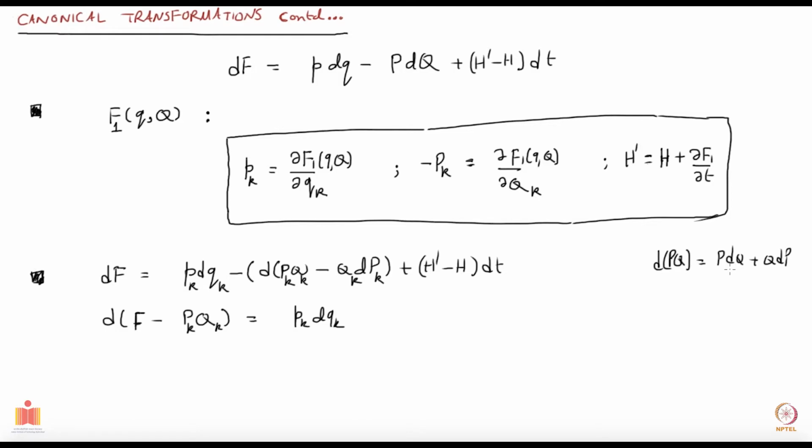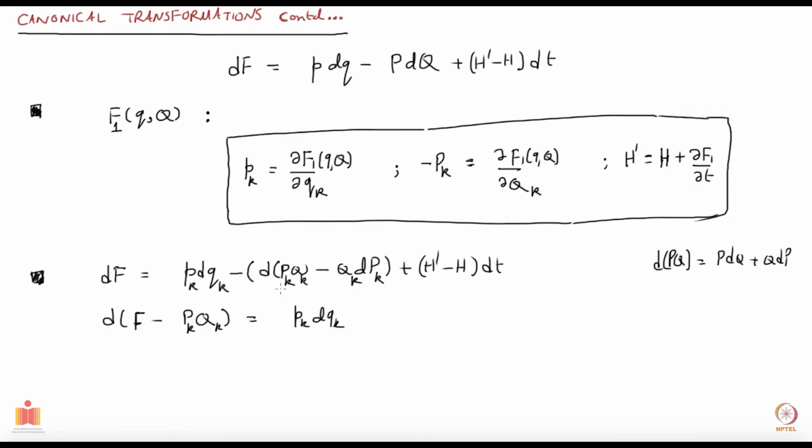Okay, let's proceed. I don't see a mistake right now. Minus d of pq is minus p dq minus q dp, and I have a p dq which will make it, this looks correct. So maybe I made a mistake while writing my note.